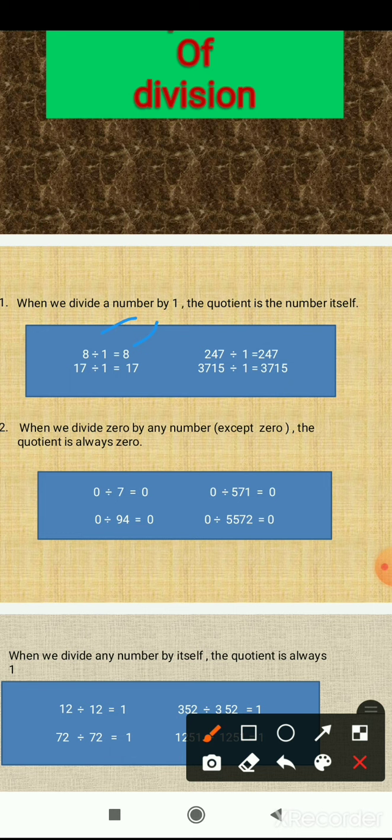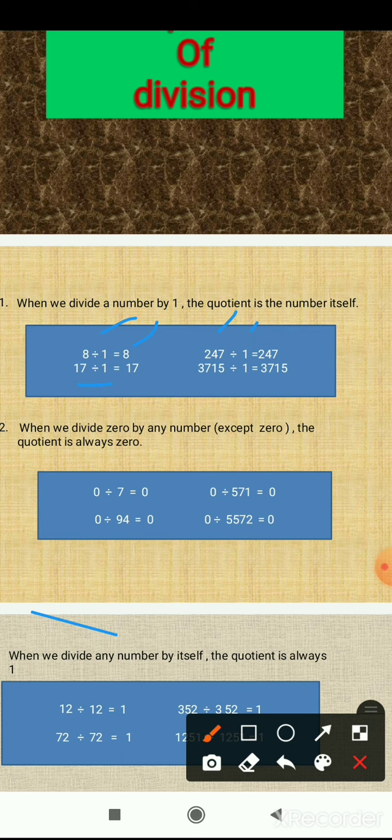Here, 247 divided by 1. 247 ones are 247, so we get the answer 247. Third example, 17 divided by 1. 17 ones are 17, so we get the answer 17.